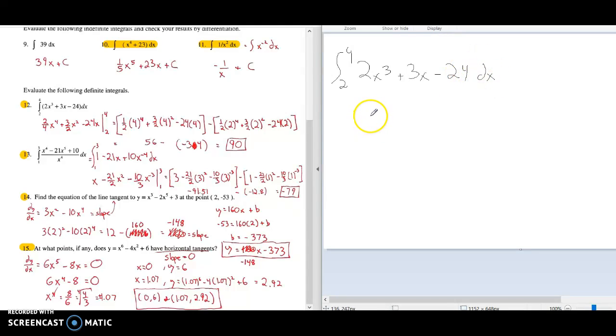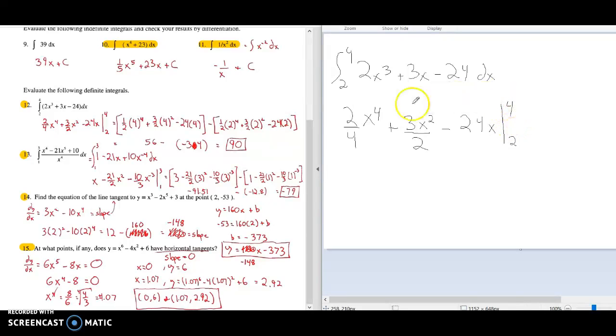Okay. So we have x, add 1, which is 4, and you do 2, divide by 4, plus we have 3x, add 1, which is 2, divide by 2, minus 24x, and our limits are from 2 to 4.